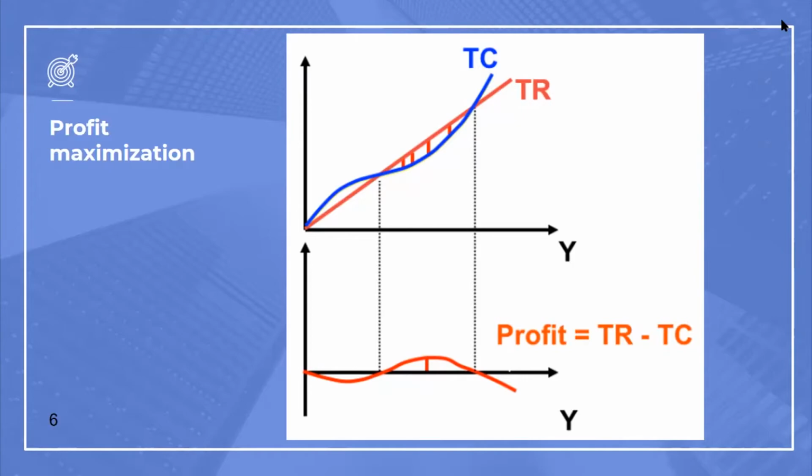You are losing money. That section is before the shutdown point that we discussed last class, and even before the break-even point, the first vertical dotted line, where the bottom graph turns from negative to positive.